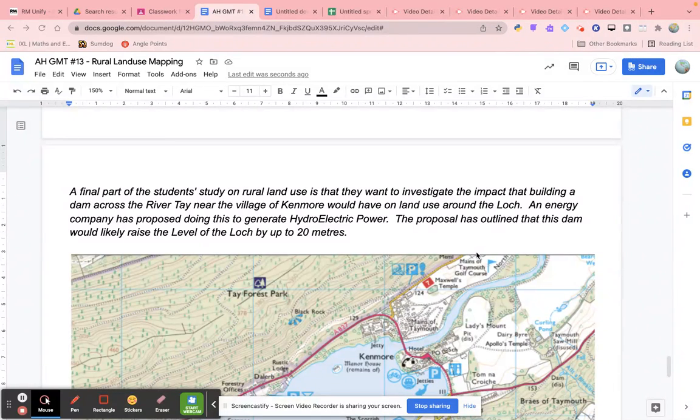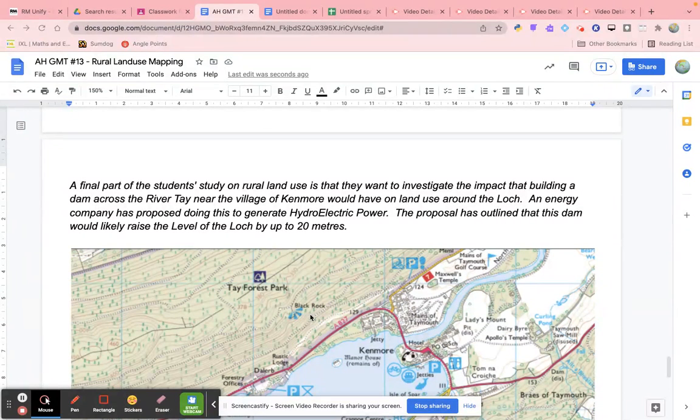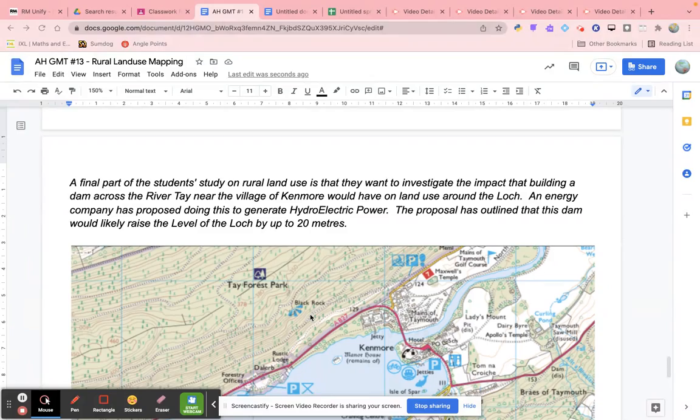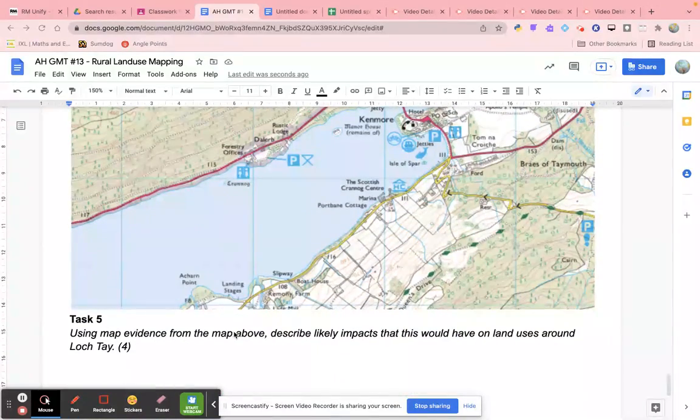In this tutorial, we're going to consider an exam question that looks at an Ordnance Survey map and then asks you a very specific question about something that's going to happen. You then have to use map evidence to discuss the impact of what is going to happen.